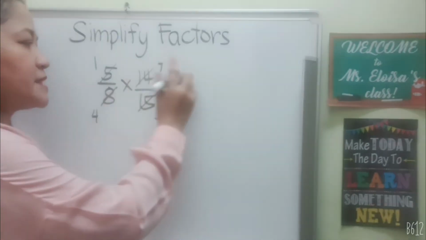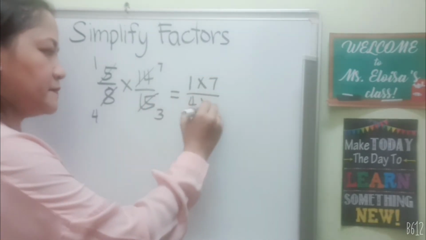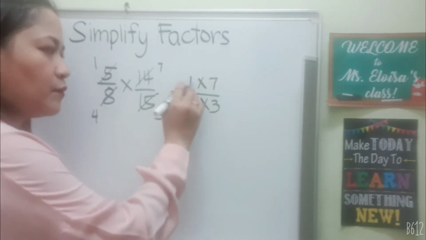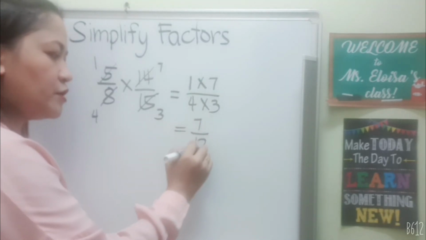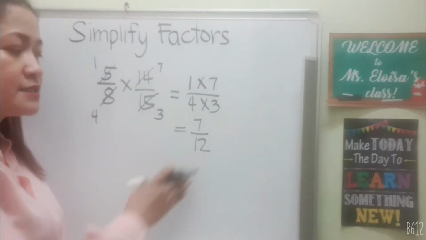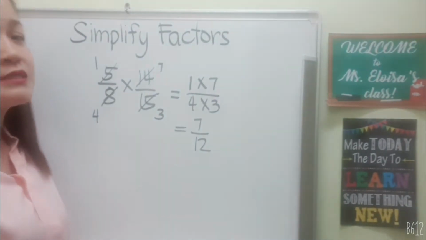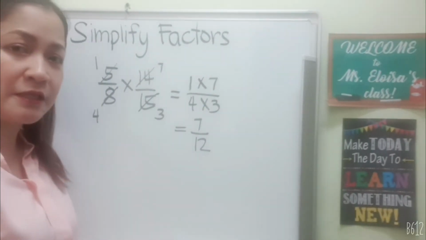So 1 times 7 over 4 times 3. 1 times 7 is 7 over 12. So 5/8 times 14/15 is 7/12. And it is already in simplest form since we simplified first before we multiplied.